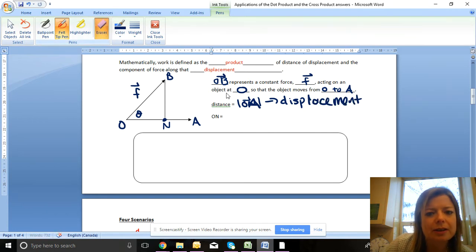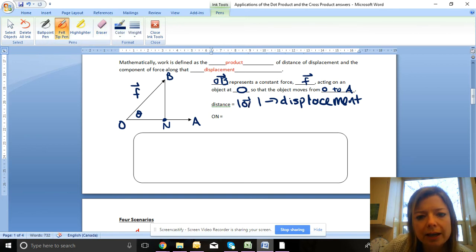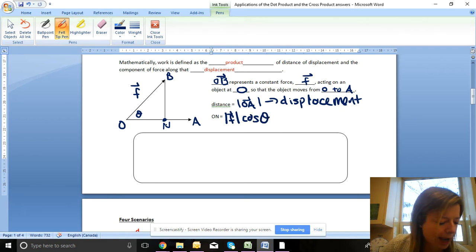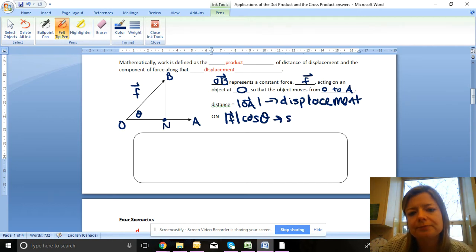And then ON we can find by doing the magnitude of the force times cos theta. This is just SOHCAHTOA rearranged to get us the length of ON. And that is also the scalar projection of the force onto the vector.